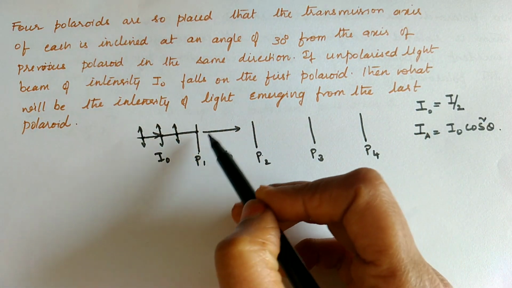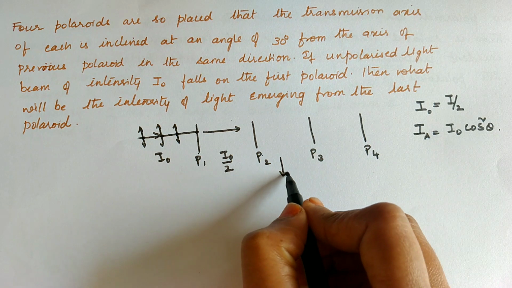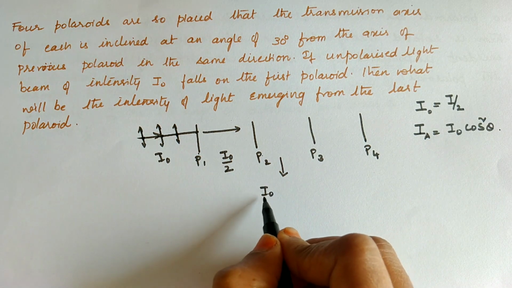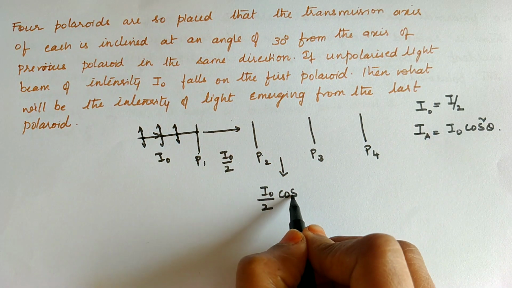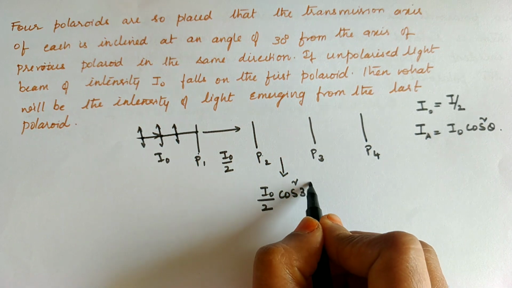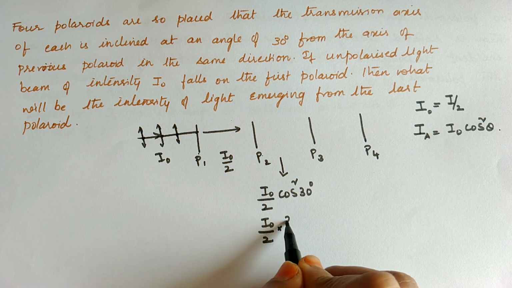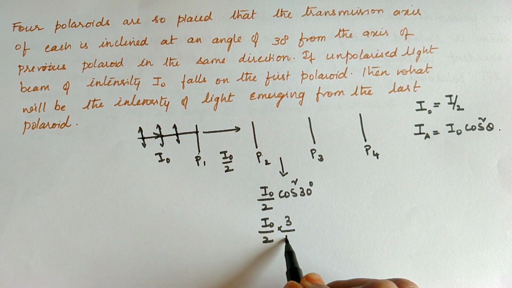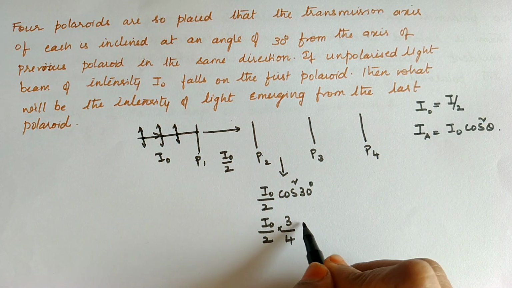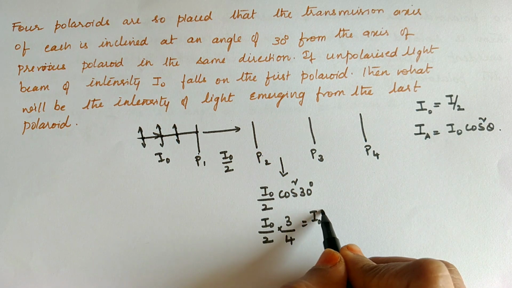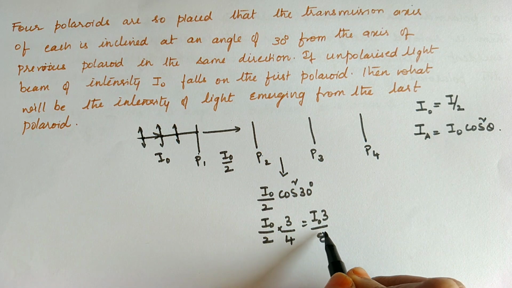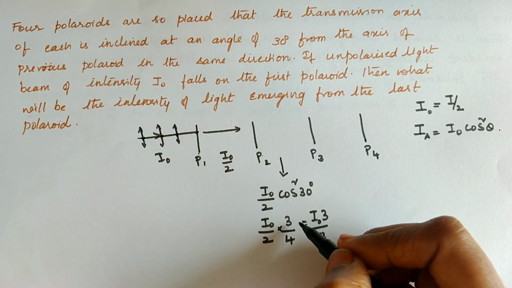So what is the intensity emerging from P2? It should be I naught by 2 into cos square 30. That is nothing but I naught by 2 into root 3 by 2 whole square. I'll write root 3 by 4. So it is 3 I naught by 8. This is the intensity coming out of P2.